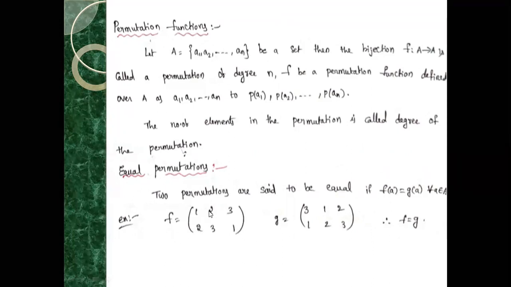Okay. 2 is related to 3 in both, 3 is related to 1 in both. Therefore, F and G are equal. F and G are said to be equal permutations. The permutation representation of F is 1 to 2, 2 to 3, 3 to 1. G is 3 to 1, 1 to 2, 2 to 3.